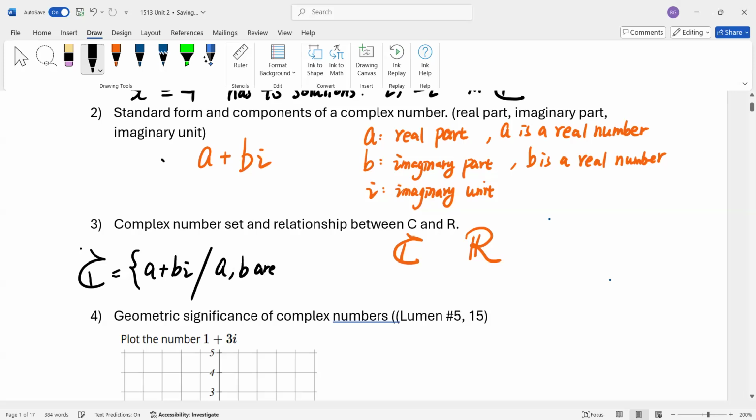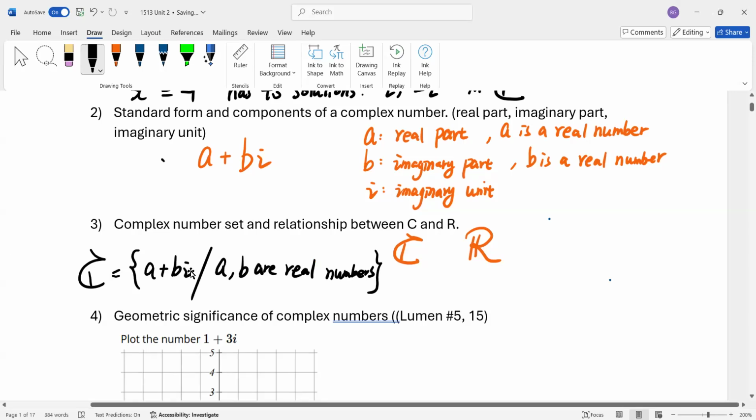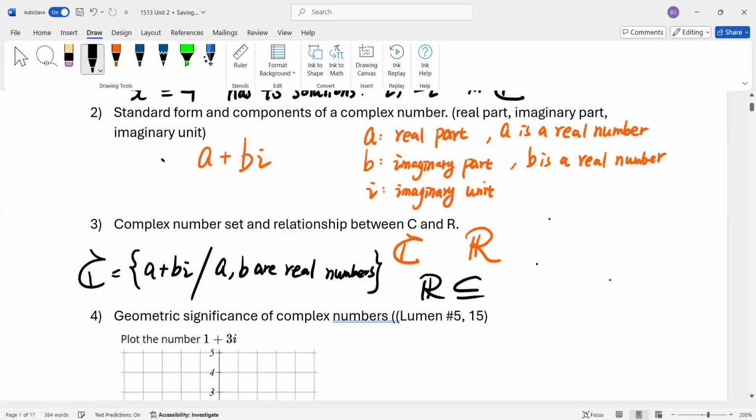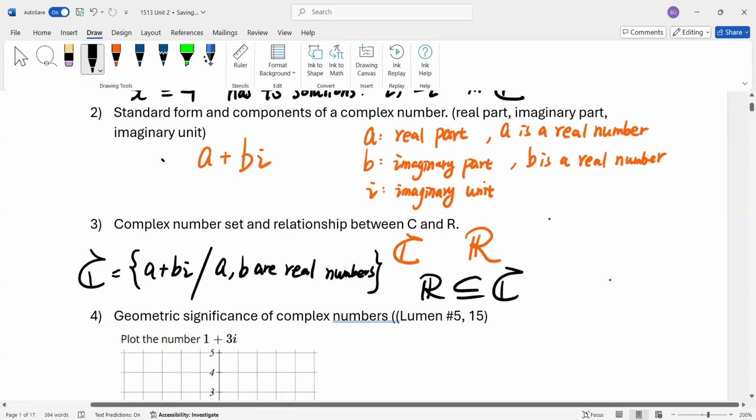a, b are real numbers. I want you to see that. Look at the definition of the complex number set. I want you to see that the real number set is a subset of the complex number set. In other words, all real numbers are complex numbers. Real numbers are part of complex numbers.